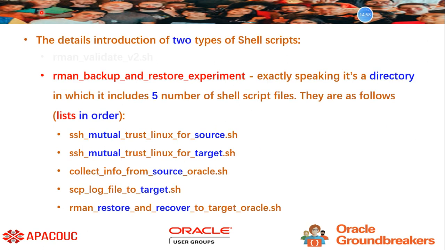One is mutual trust Linux for source.sh, mutual trust Linux for target.sh, collect info from source oracle.sh, scp logfile to target.sh, and RMAN restore and recover to target oracle.sh.